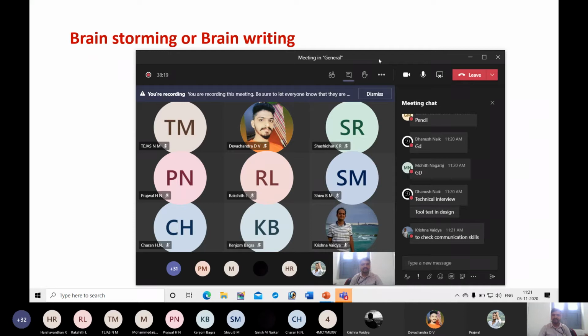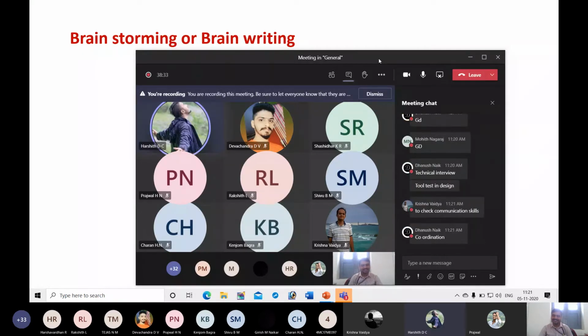Why will group discussion be done? Do you think if you speak a lot in group discussion, you will be selected? No, to see their confidence level. They are going to check confidence level.